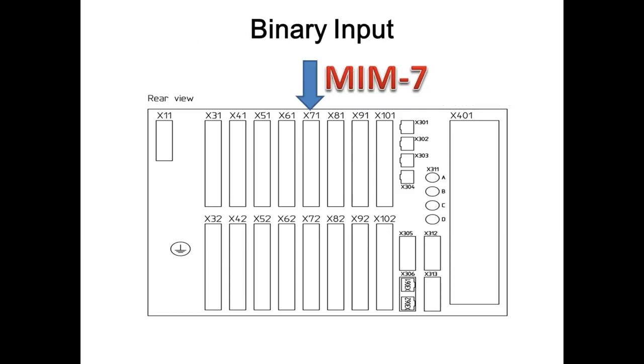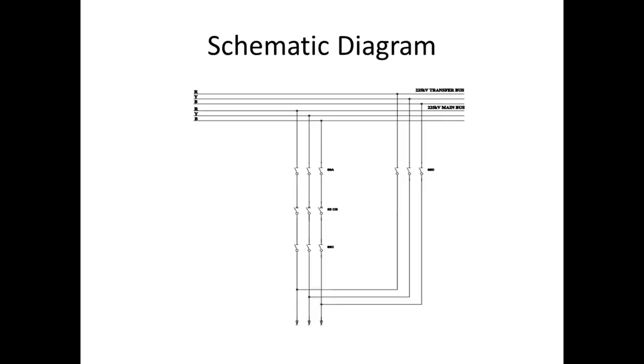So this is how we have to identify. And if you have any milliamp sensor or transducer sensor, it will be denoted by MIM. This is how we have to identify the binary inputs and outputs in an application configuration.